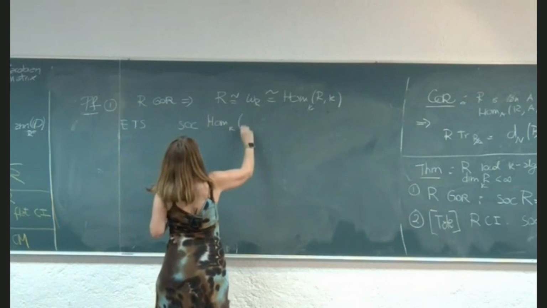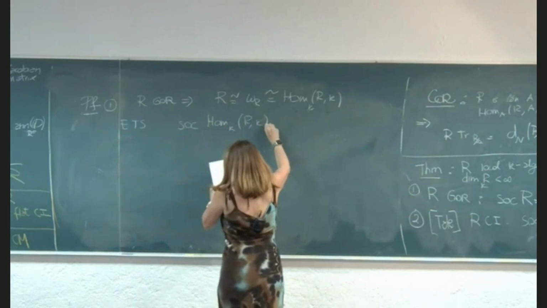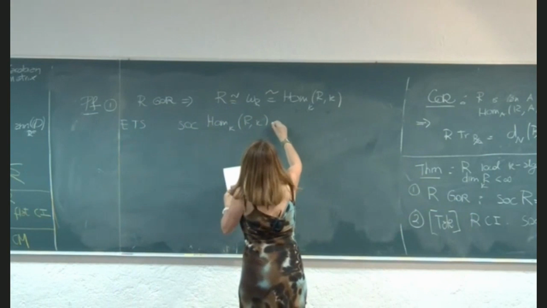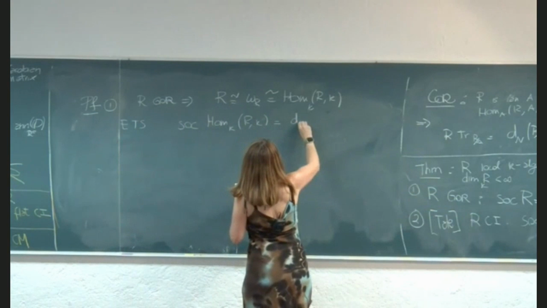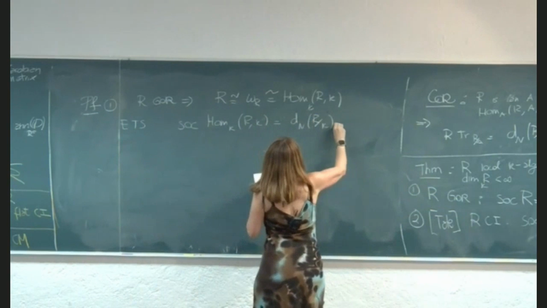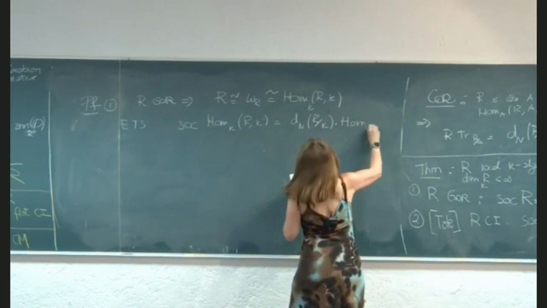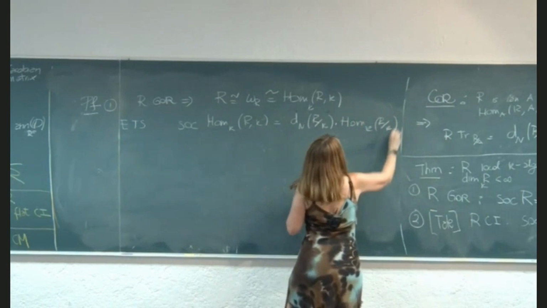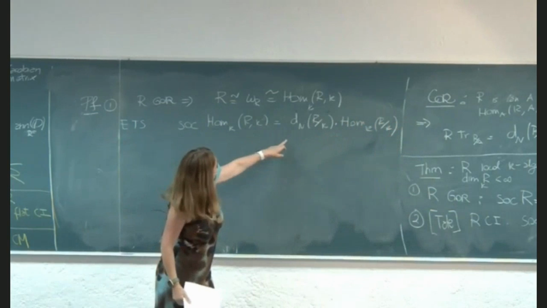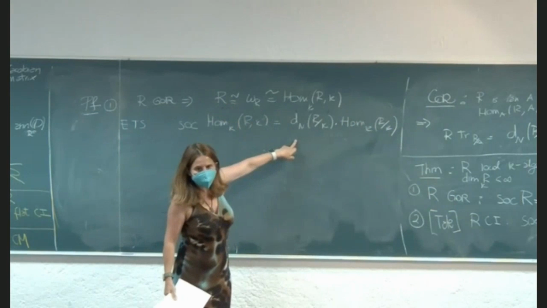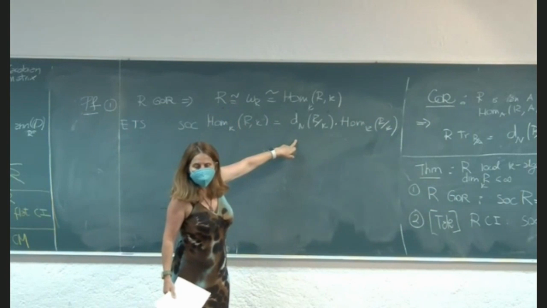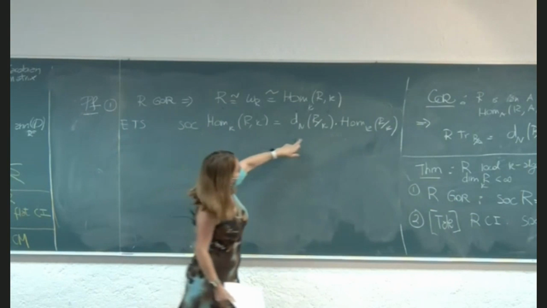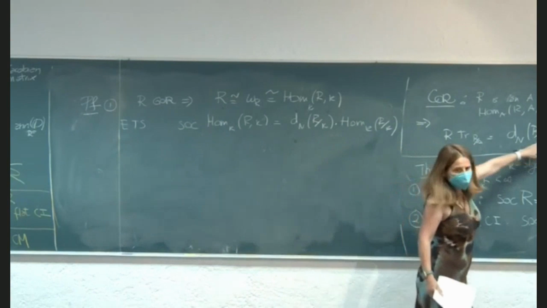Okay? And now, we want to talk about the socle of R, but then I can just compute the socle of this Hom. So it's enough to show that the socle of Hom_K(R,K) is equal to the Noether different of R over K times this Hom.